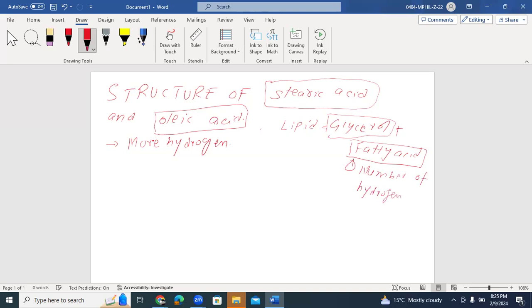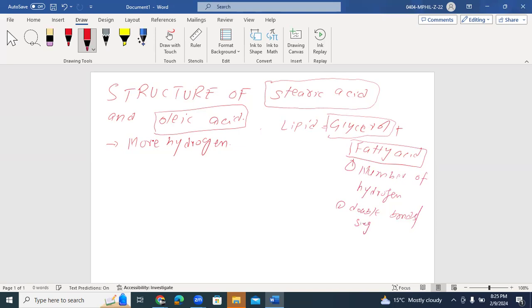This is the first thing that will change in all fatty acids. And the second thing is the number of double bonds or single bonds.